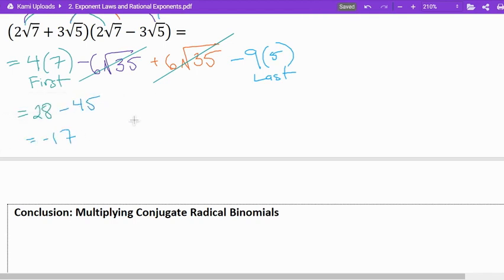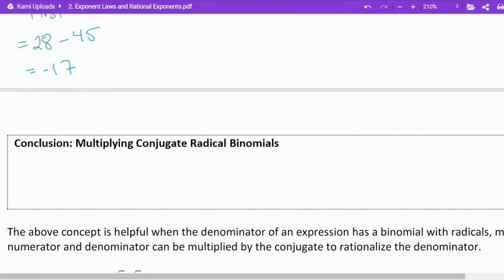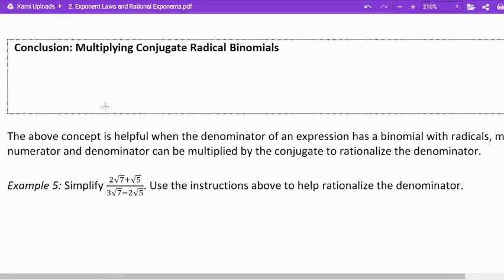Negative 17. Watch. By multiplying two conjugate binomials, we are able to fully rationalize those terms. So let's make a conclusion.